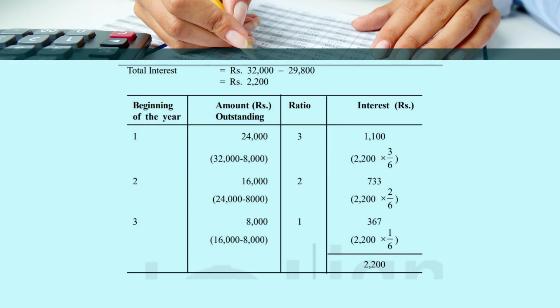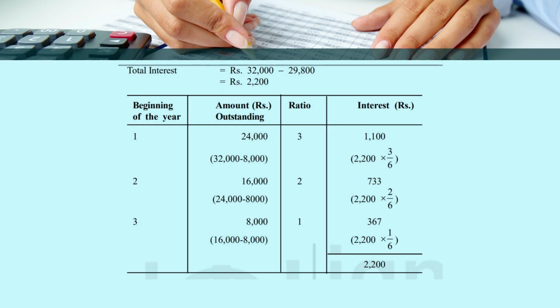Then at the end of the third year, the outstanding amount is 8,000. In this we can calculate the amount of interest included, that is 367, because the total amount was 2,200 and the ratio is 1:6. So, it comes to rupees 367.